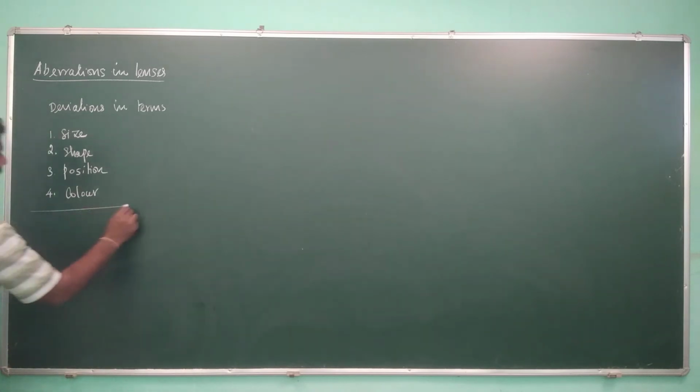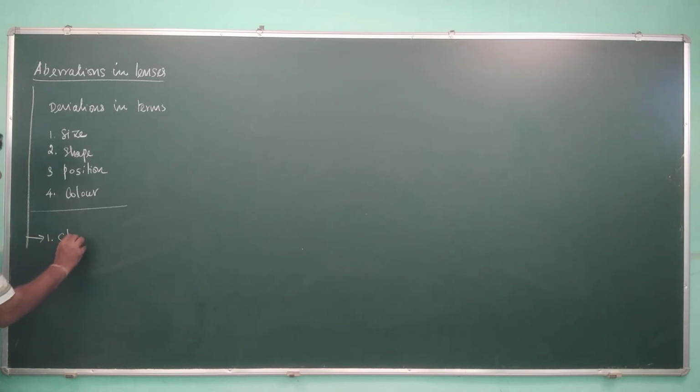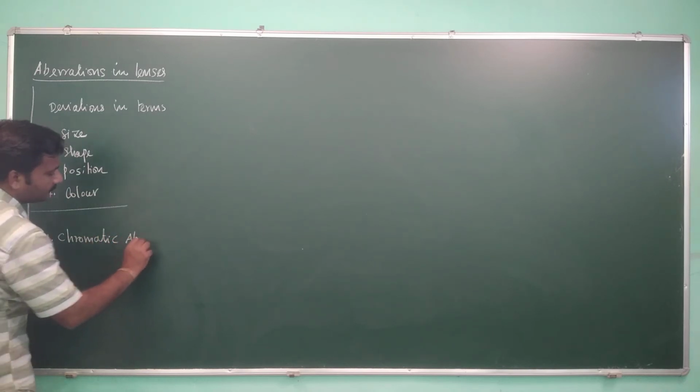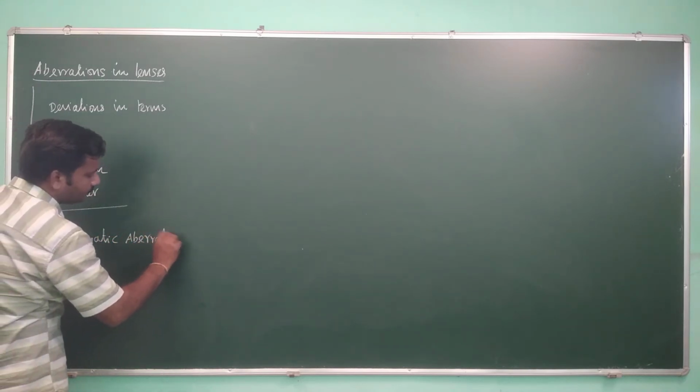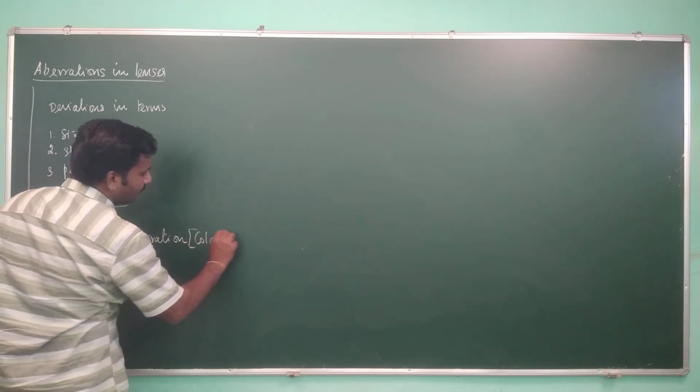And in our topic, we are going to cover two types of aberration. One is chromatic aberration, which is related to color of the formed image.